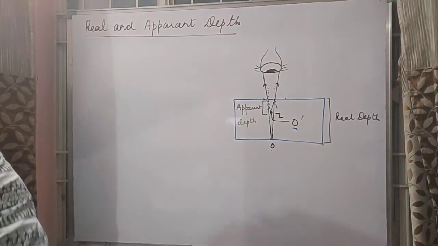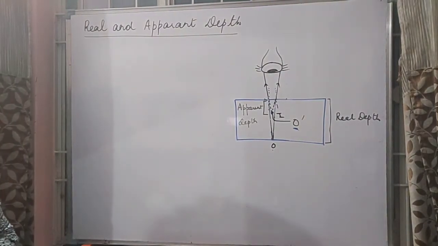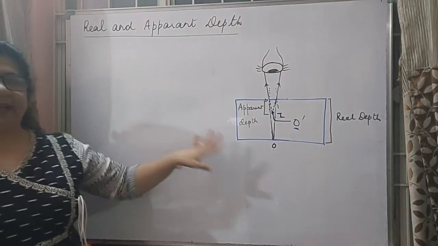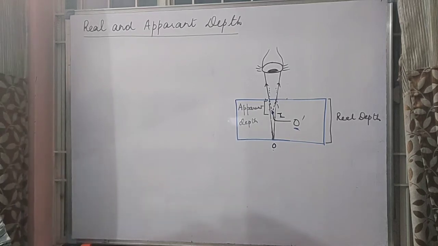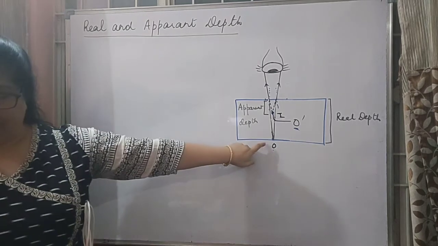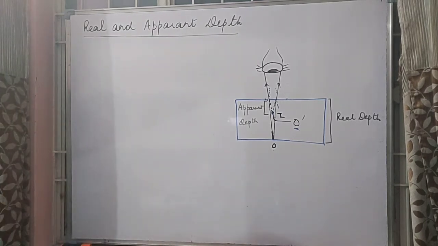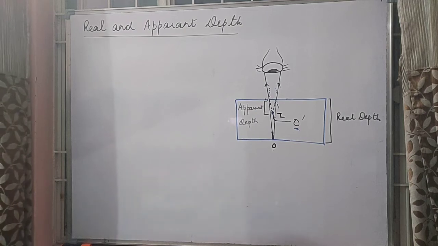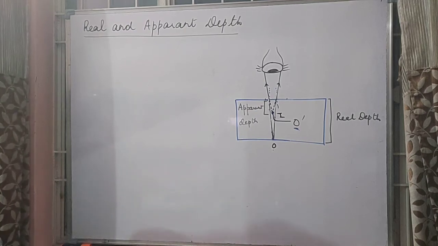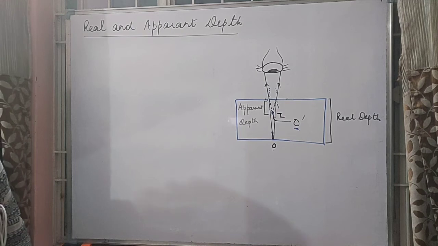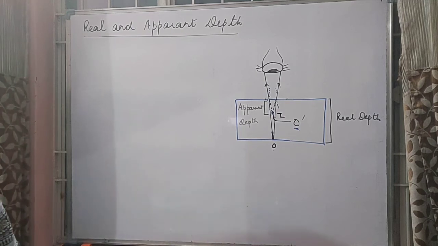Now I am explaining you a little theoretically. I have explained you from the diagram. Listen to it very carefully. As I said, rays of light traveling upward from the point O at the bottom of the glass bend away from the normal at the upper surface because of refraction, as I told you, and enter the eye, though they came from O dash, so that an image of O is formed at the eye.